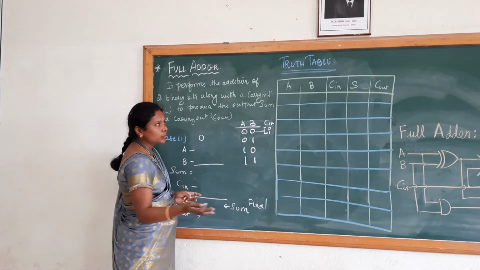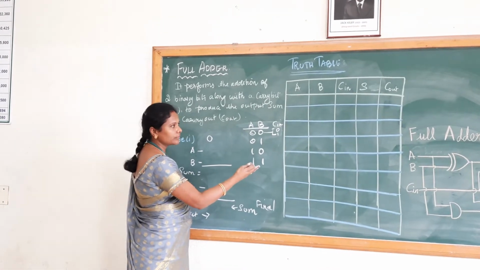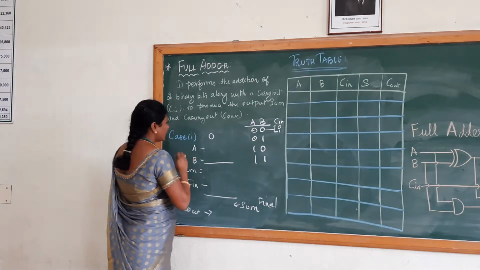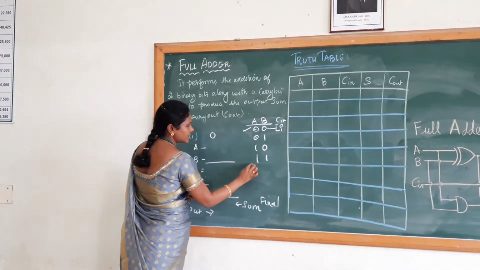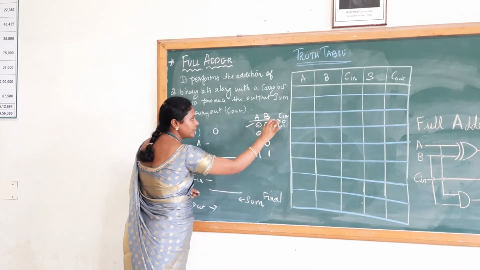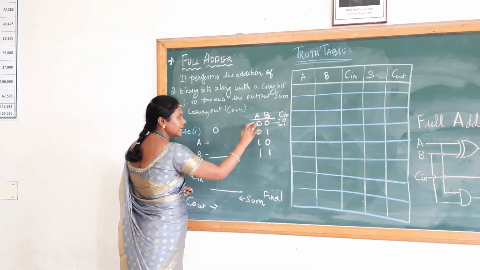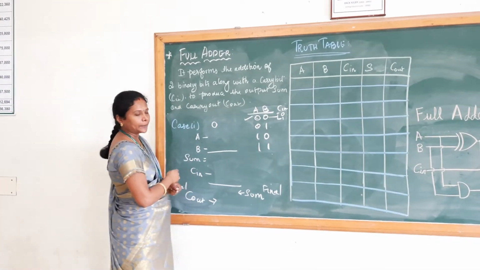As you all know, a truth table represents the logical function of your circuit. So I am going to analyze case by case. Here we have four cases. For the four cases, if the previous carry generated is either 0 or 1, what is my output? That is what your full adder does.